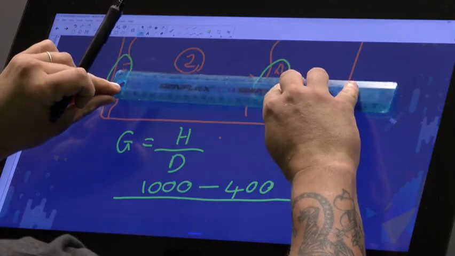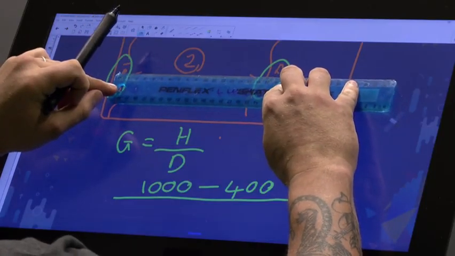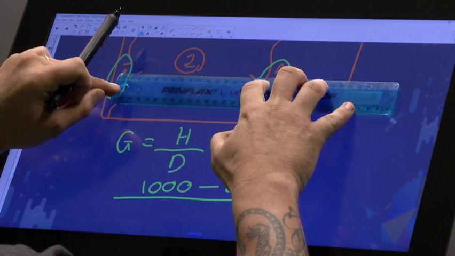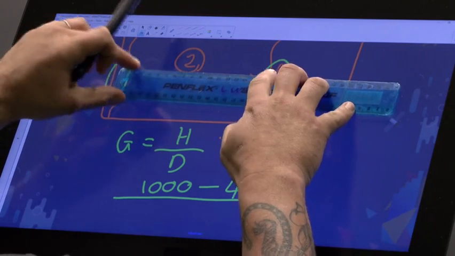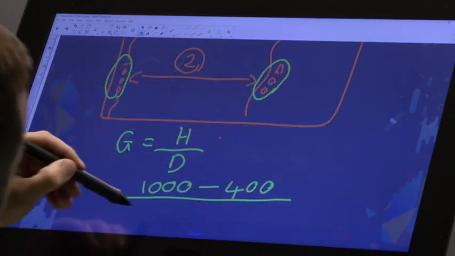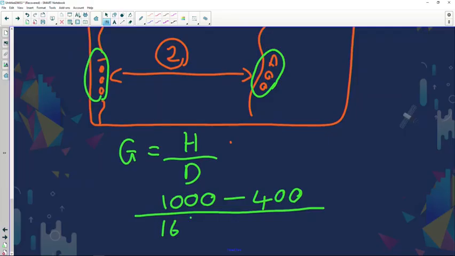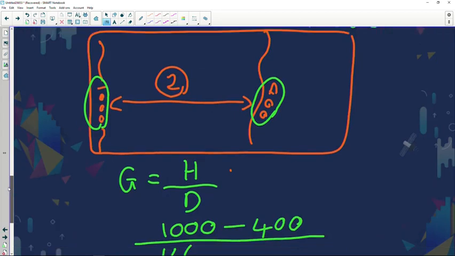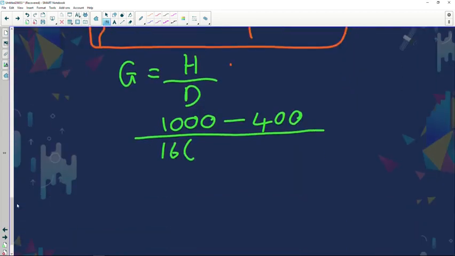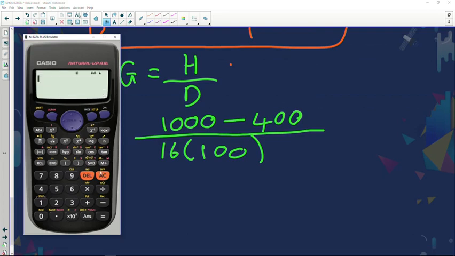You place your ruler between the areas. In this case, you can see it's 16 centimeters. But here's the catch. Because we're working off the orthophoto, what are we going to times the 16 with? 100.